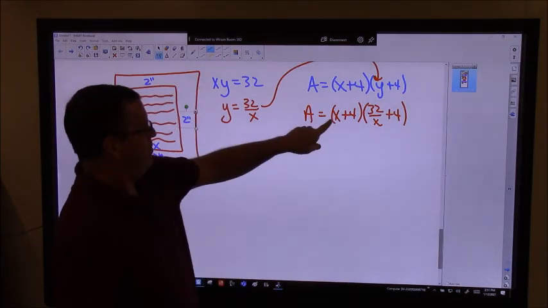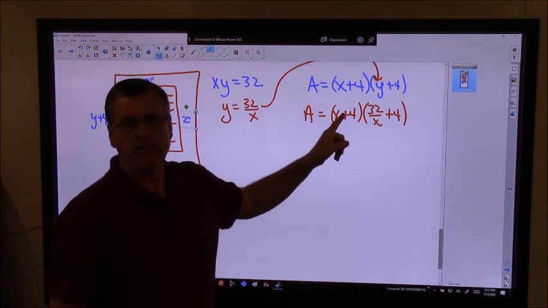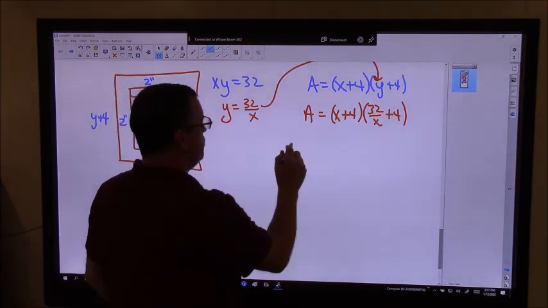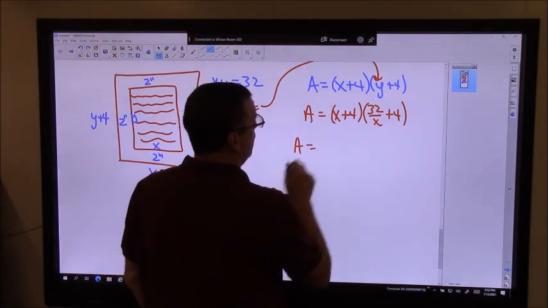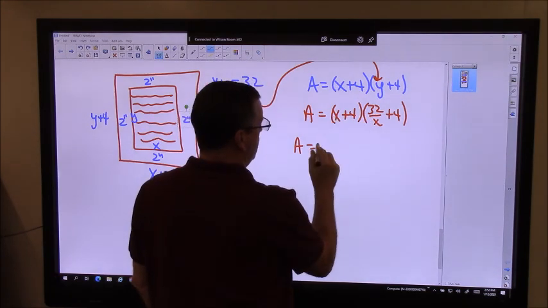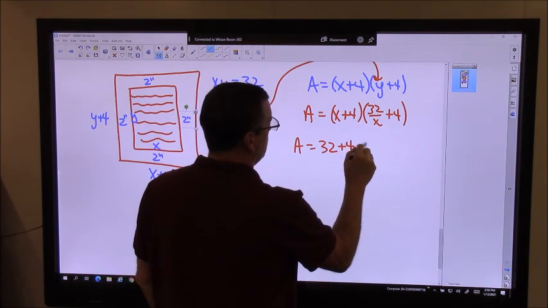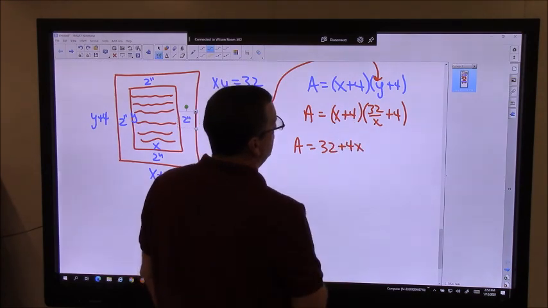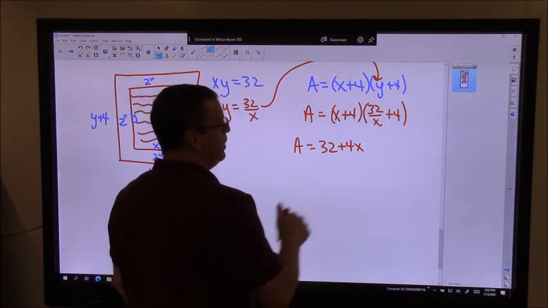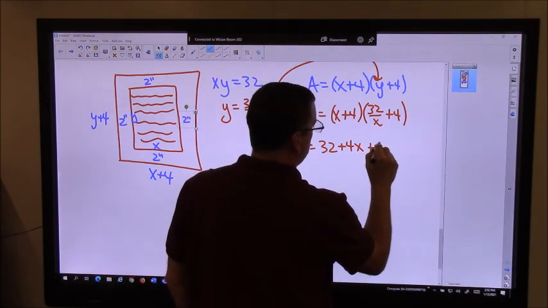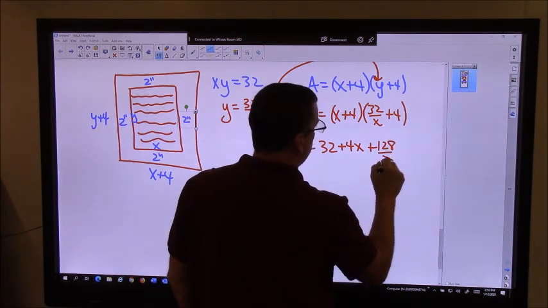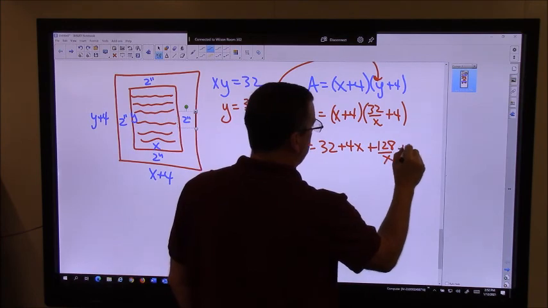All right, so I think it would be helpful to go ahead and multiply this out. It'll probably make the derivative a little bit easier. So A equals, if I multiply by x, I just get 32 plus 4x plus, what is that, 128 over x plus 16.